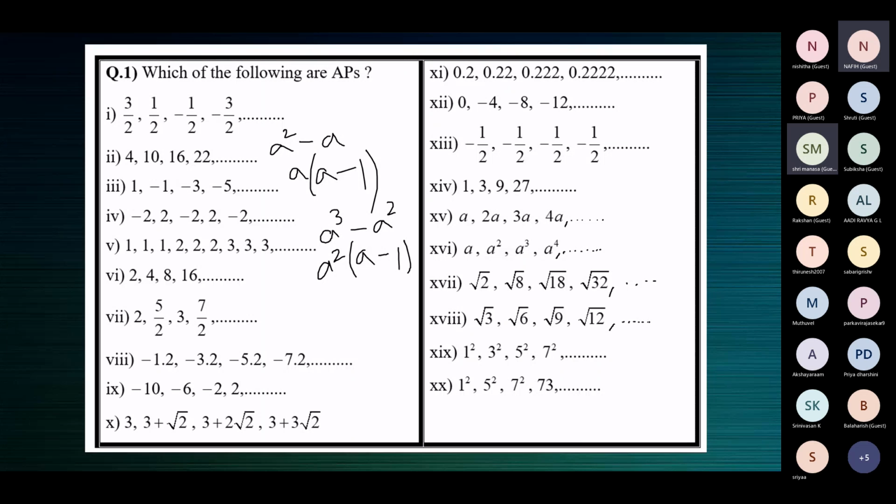So root 2 is the common difference, and hence the sequence forms an AP. That's all. It's a very simple concept, children. If the difference between any term and its preceding term is a constant, then that sequence forms an arithmetic progression. What about the 10th one? Please work the 10th one and tell me.